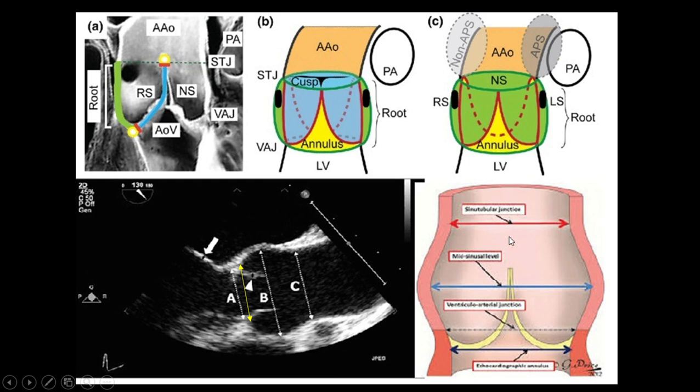One of them is the sinotubular junction, the connection of the aortic root to the ascending aorta, this spot. That is the smallest or narrowest of the aortic root diameters.